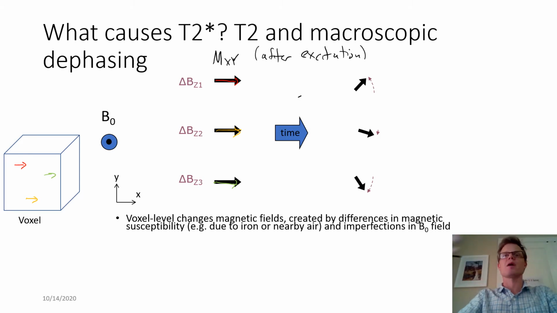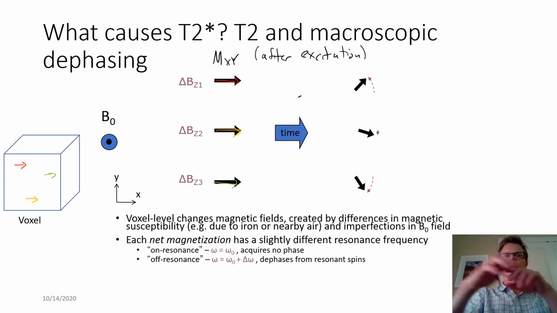So over some amount of time, these differences in the magnetic field lead to this off-resonance rotation, where the net magnetizations rotate slightly differently from each other.